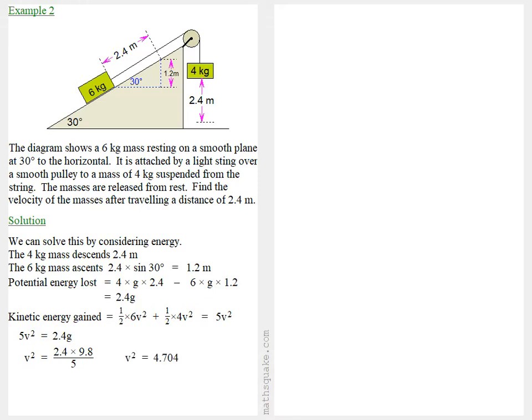In other words, v squared is equal to 4.704. Now if we take the square root, v is the square root of 4.704, which is 2.1688. So our answer is the velocity is 2.17 meters per second.